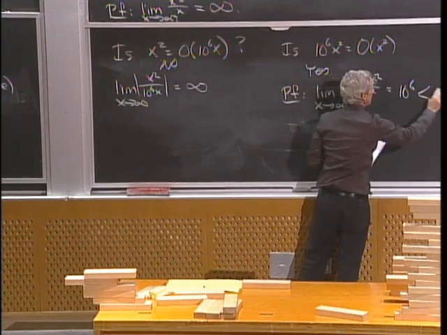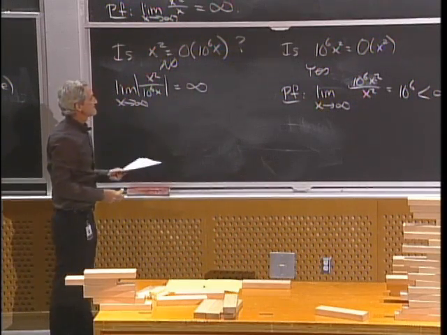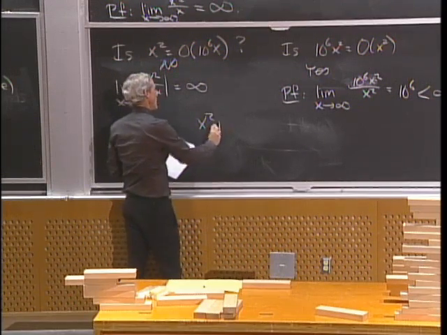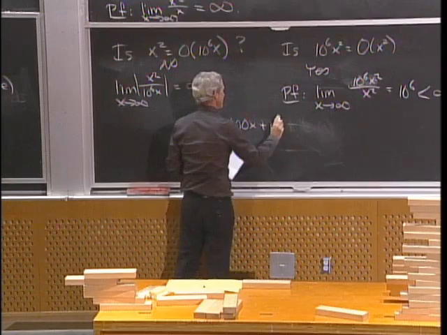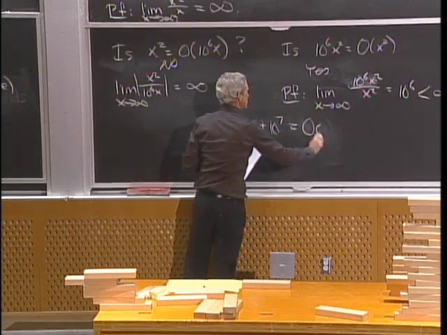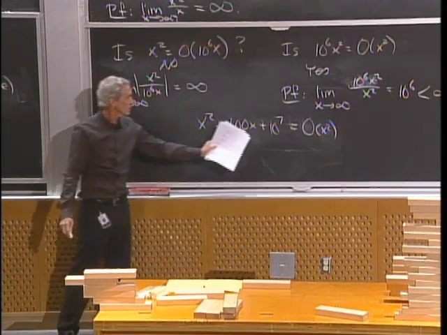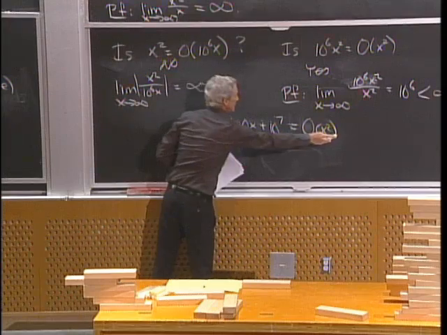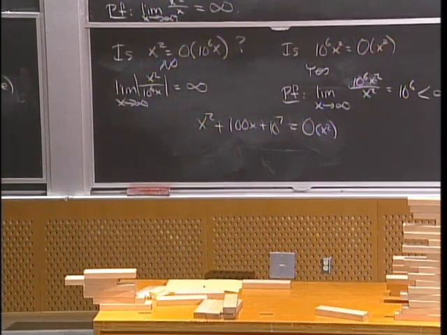That's less than infinity. In fact, I could take any quadratic polynomial, x squared plus 100x plus 10 to the 7th is O of x squared. Right? Because smaller order terms don't matter. The limit of this over that, in that case, is 1, so it's less than infinity as x gets big.